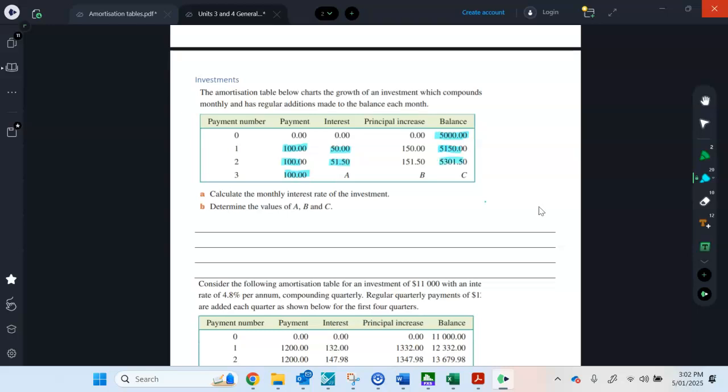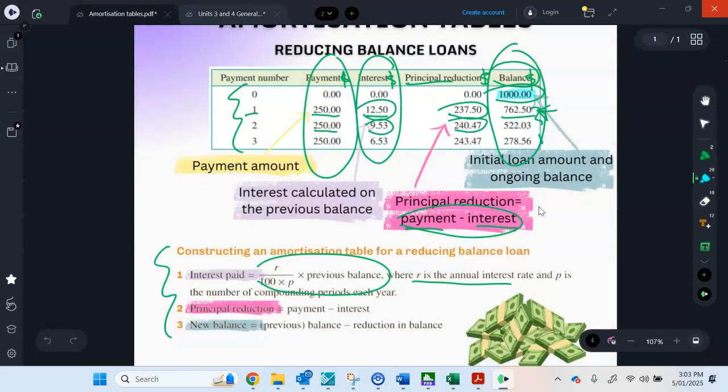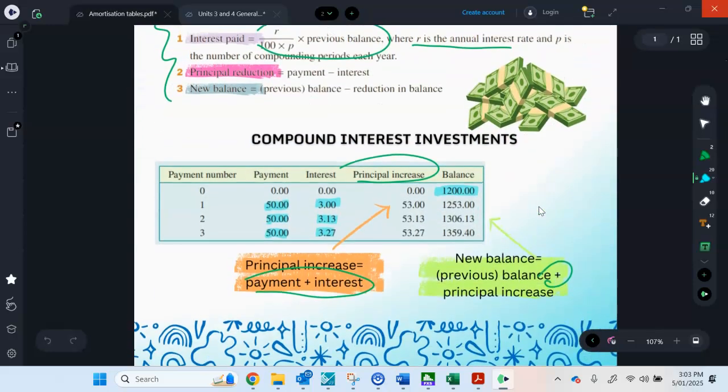All right, so that's why the amount of interest is going up, and then also your principal increase. So going back to compound interest investments. Just remember that your principal increase is your payment plus interest, and your new balance is your previous balance plus the principal increase.